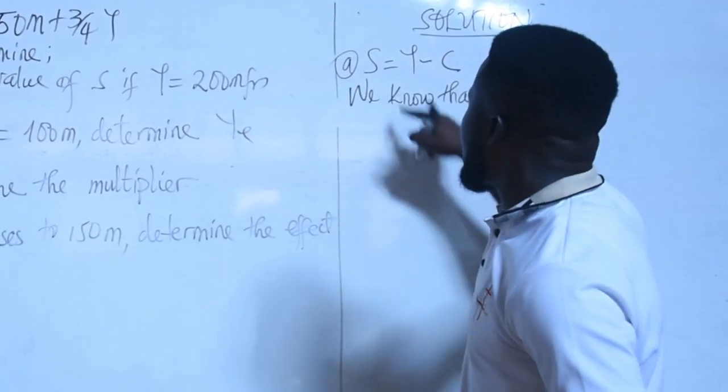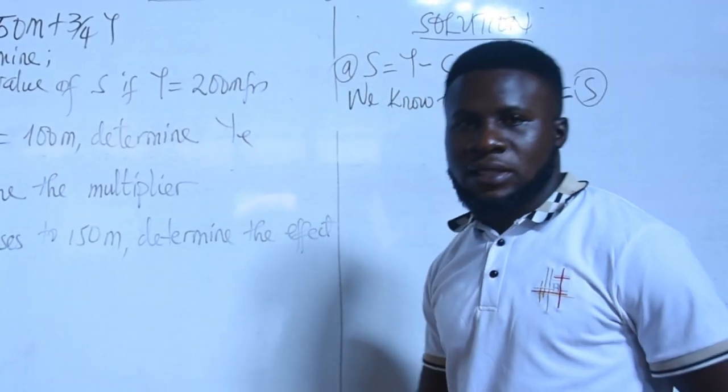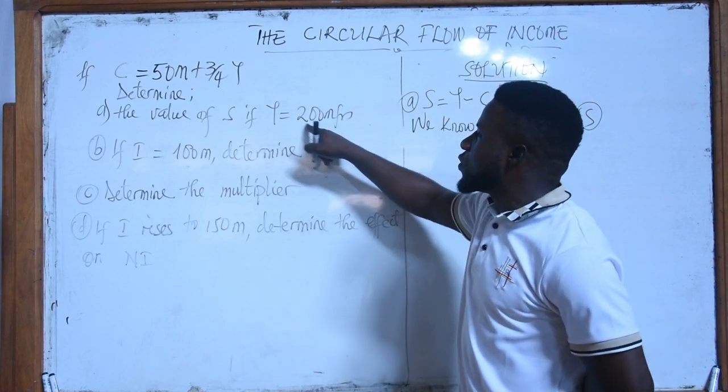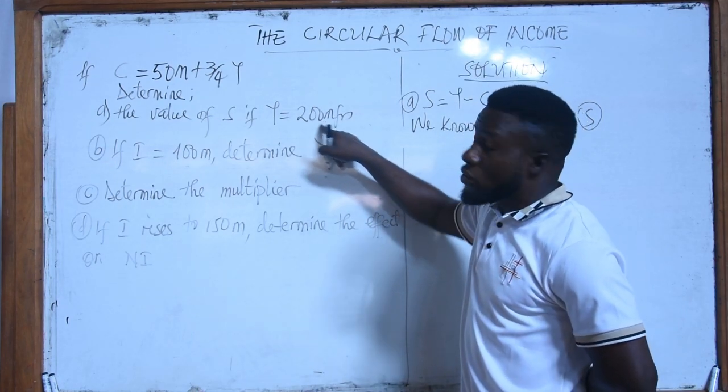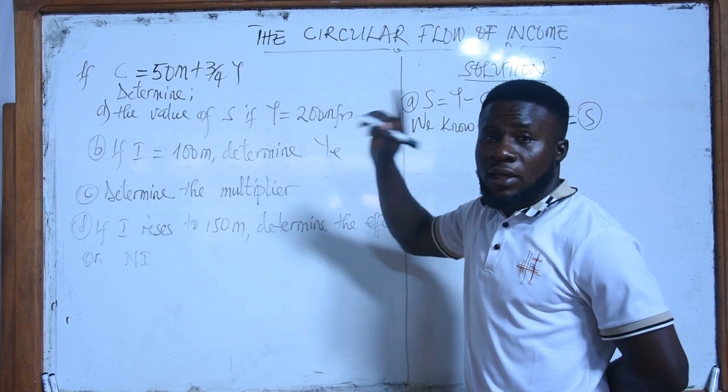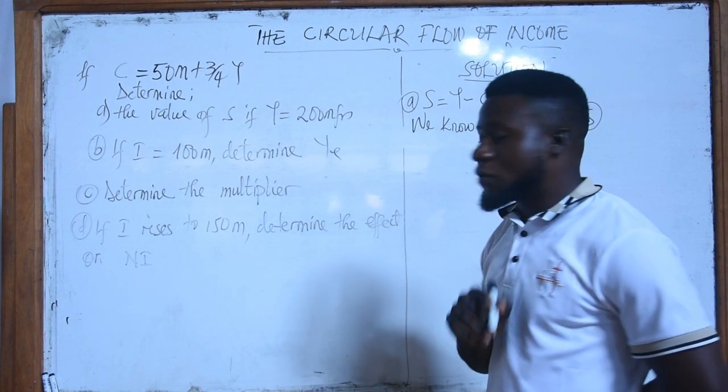So therefore, let us apply this and solve for S, so that we can substitute 200 million wherever we see Y, and get the exact value for savings.